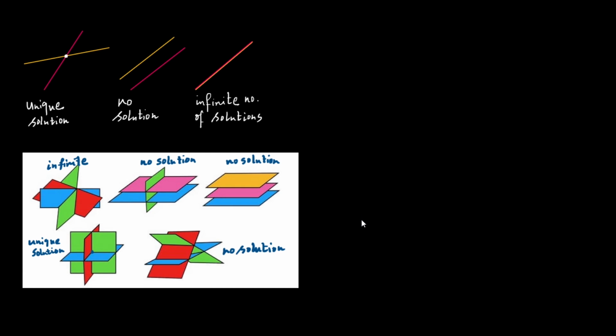Now, you cannot plot the equations geometrically because you cannot plot anything in 6 dimensions. We cannot understand the nature of the solution geometrically, and geometrically we cannot visualize the solution also.